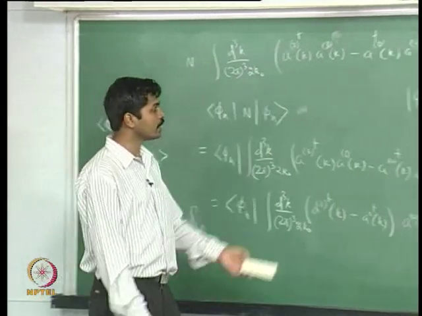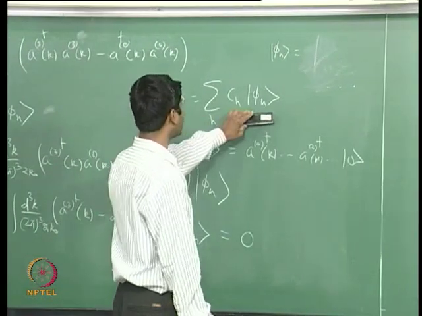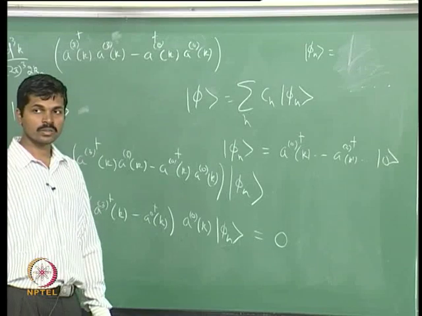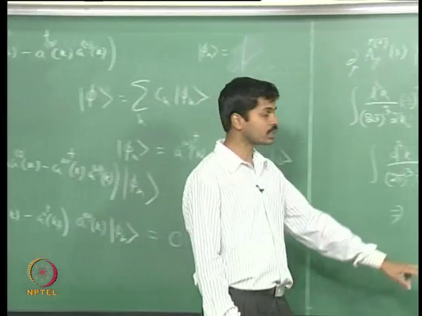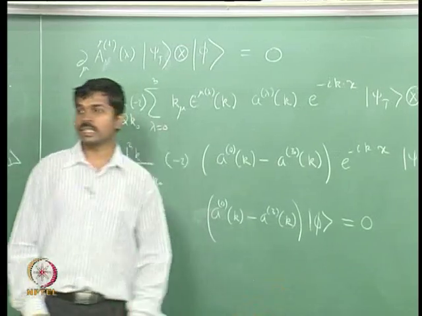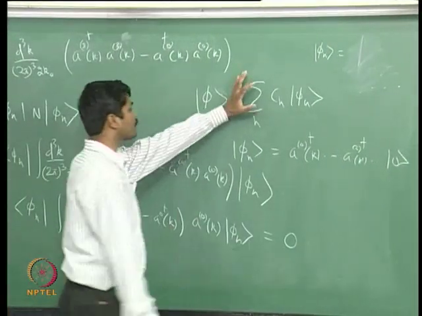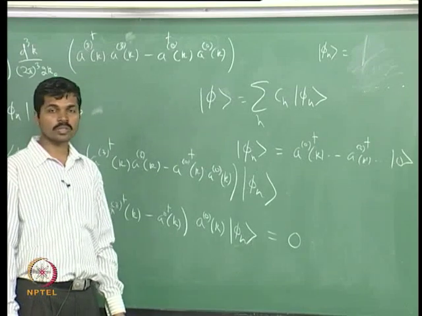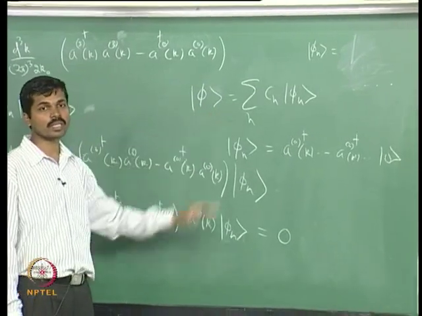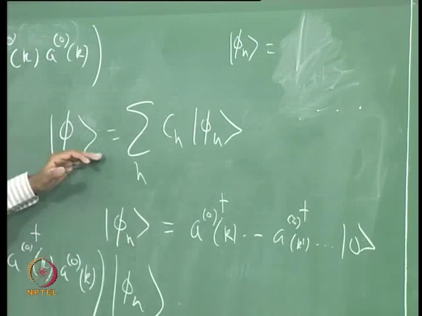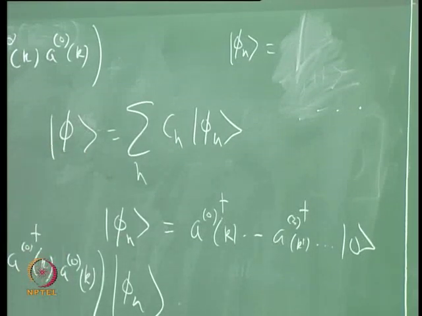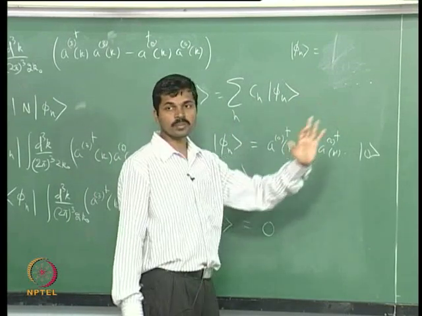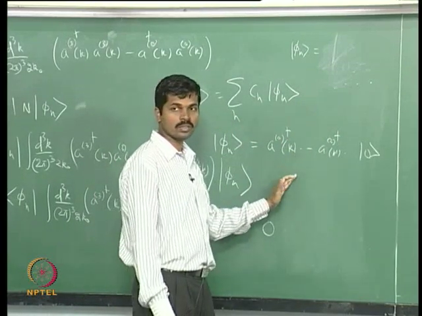Therefore, if you consider an arbitrary state corresponding to the scalar and longitudinal polarization which satisfy this condition here, then this state can either be the ground state or it will have zero norm, null, okay. So these are all null states except for the ground state. All the n particle states corresponding to the scalar and longitudinal polarization which satisfy the physical state condition are all null states.